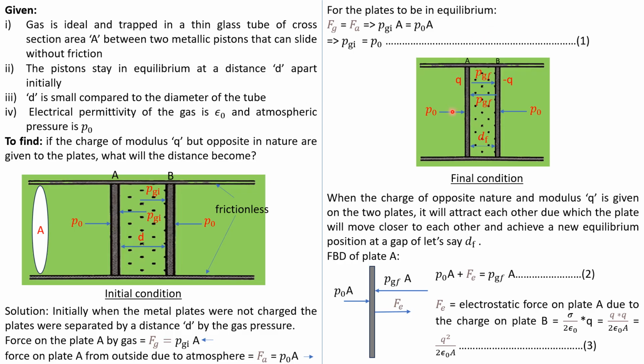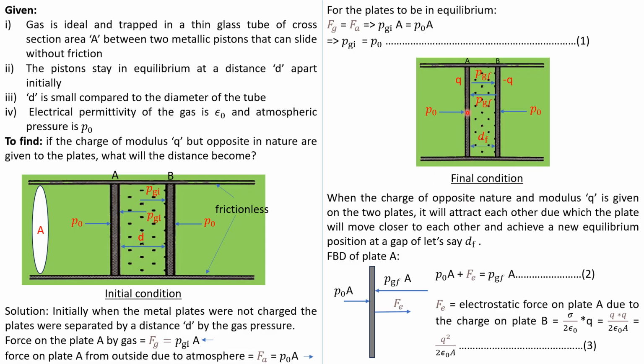So let us say in this phenomenon, the final distance between the pistons was dF, and the gas pressure has become PGF, the pressure of gas in the final condition.